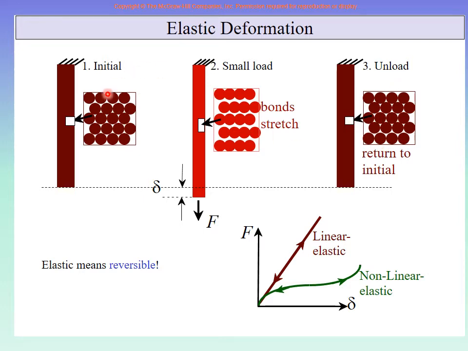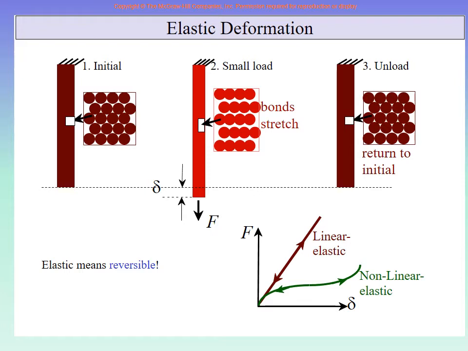So now if you do this process on a graph, force on one side, deformation on the other side, then this type of small load deformation is a straight line, linear elastic, or it is a curved line, non-linear elastic. Now you tell me, what is the difference between the brown line and the green line?